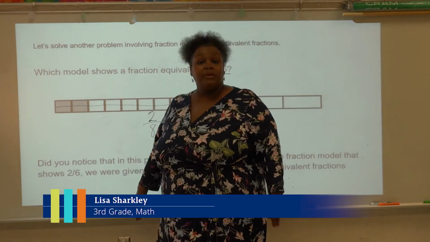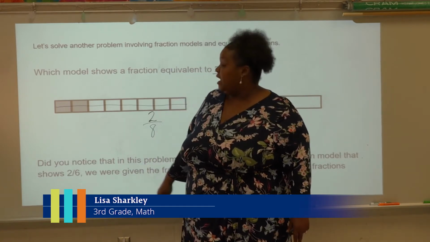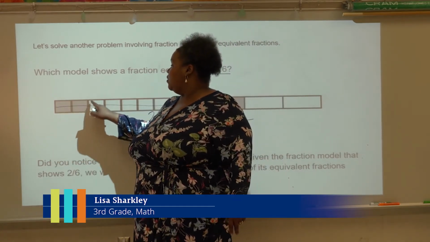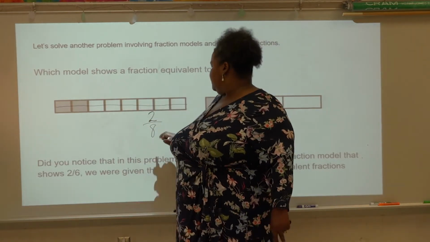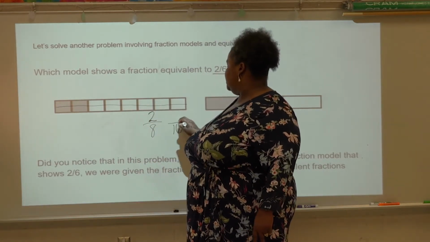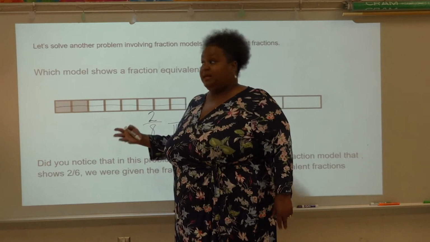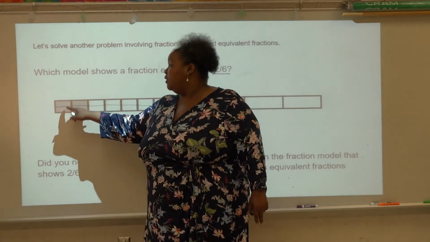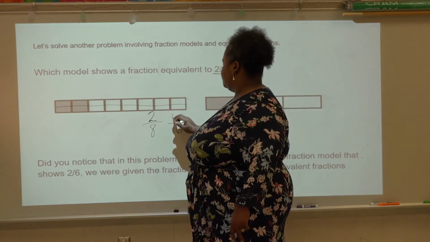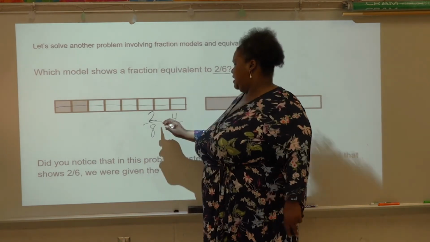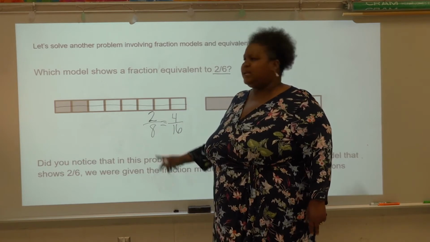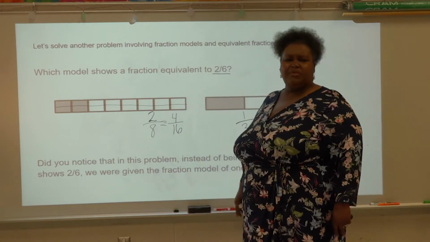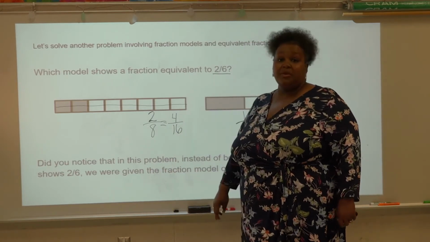Let's find the total number of pieces, which would be my denominator. 1, 2, 3, 4, 5, 6, 7, 8, 9, 10, 11, 12, 13, 14, 15, 16. That's showing 16. My numerator would be how many pieces are shaded. 1, 2, 3, 4. So this one is showing 4/16. So we know 2/8 is equal to 4/16. But I need to see 2/6, so I don't think it's going to be this one.